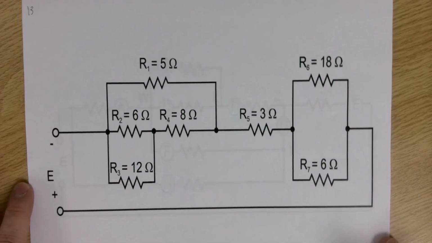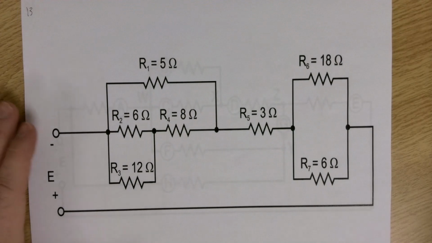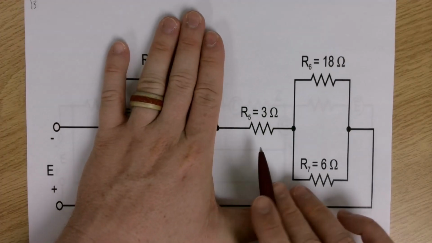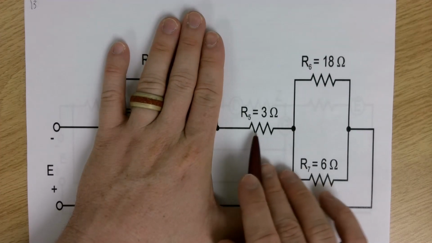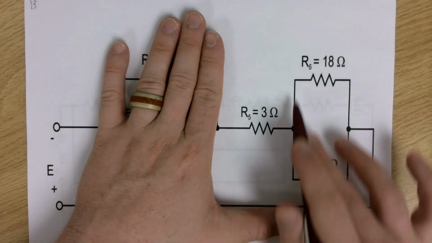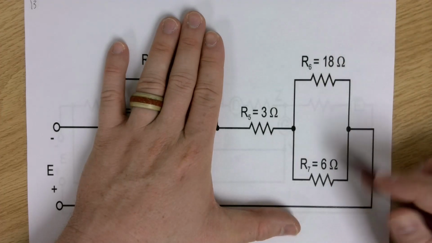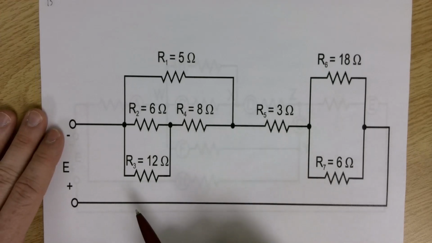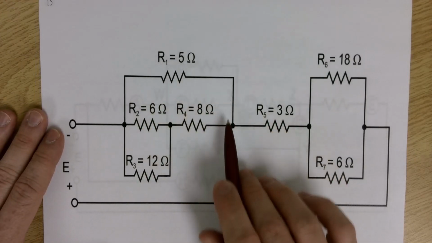So here we go. We're continuing to get more complicated. Now, if we take this out, the circuit's not too bad. We have R5, which is in series with this parallel circuit, which is R6 and R7. But what the heck is going on back here? What is R1 in parallel with?